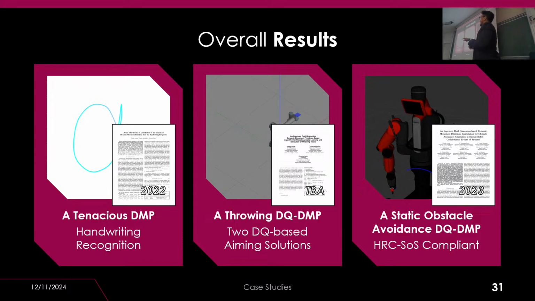So that's when I migrated to dual quaternions in that context. Then I noticed that the recognition wasn't crisp enough because the dynamic scale was not matching, and that is because there was a term missing in the new dual quaternion DMP formulation.